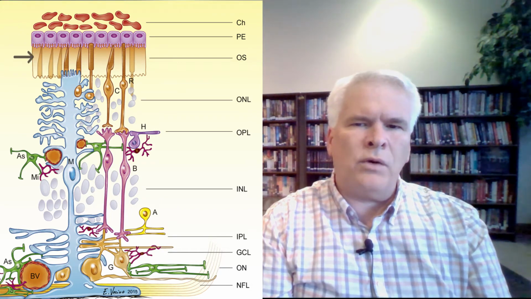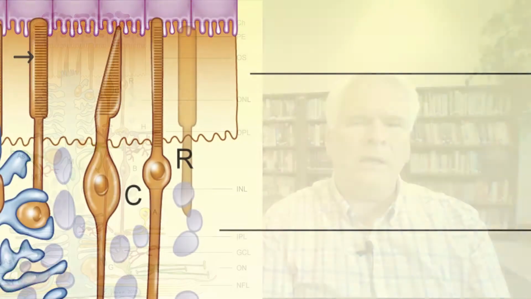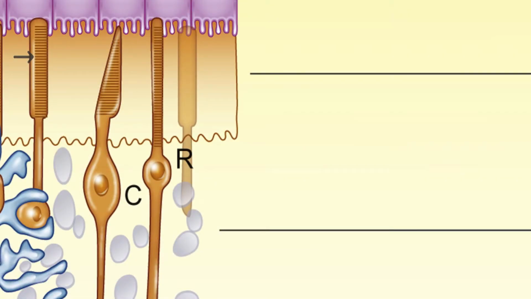When you get to the rods and cones, you'll see that they have many different, very fine discs, and these discs contain the actual photon capturing chemicals that will produce the signal that will tell the brain and create for the brain an image.